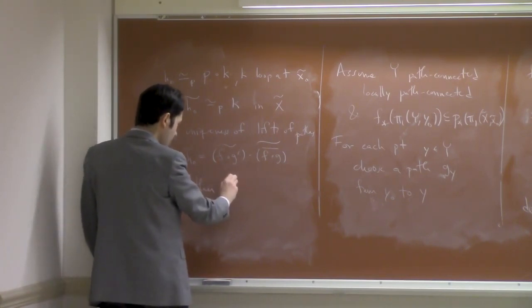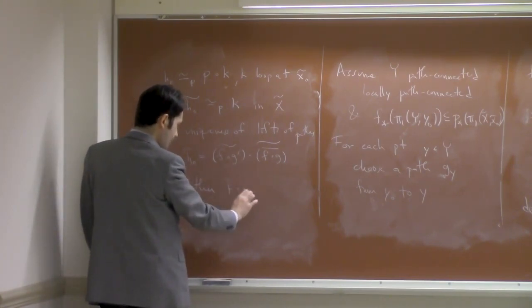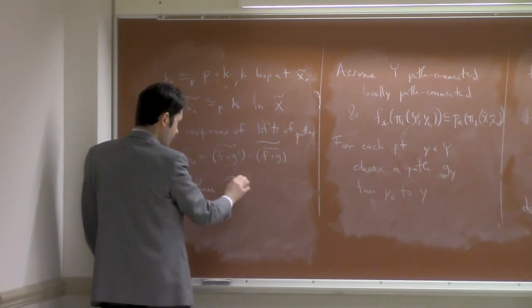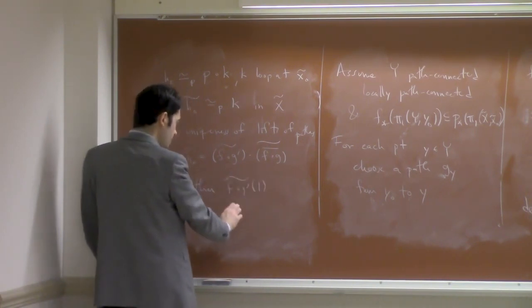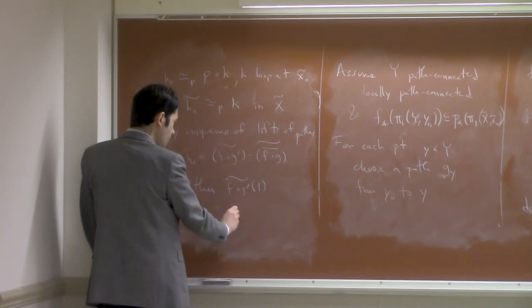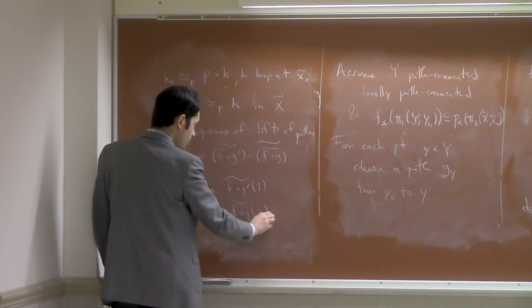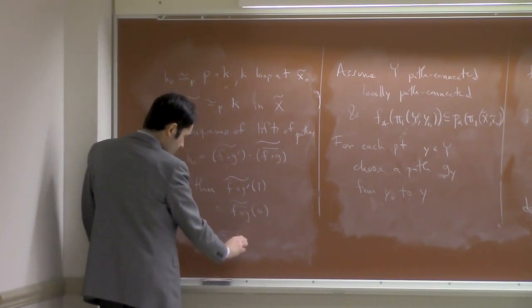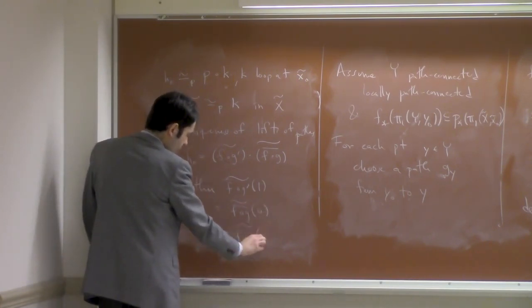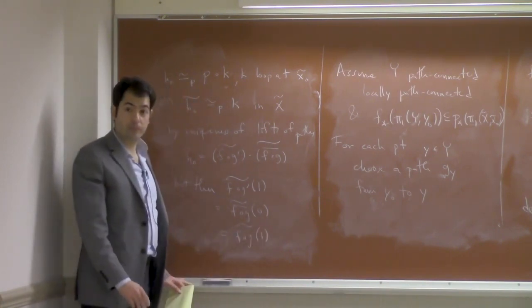So we conclude that the lift of this at 1 is equal to the lift of this at 0, which is the lift of this at 1. Right?